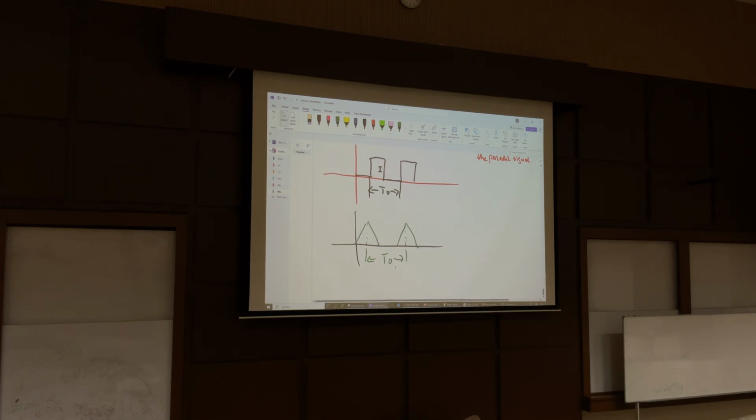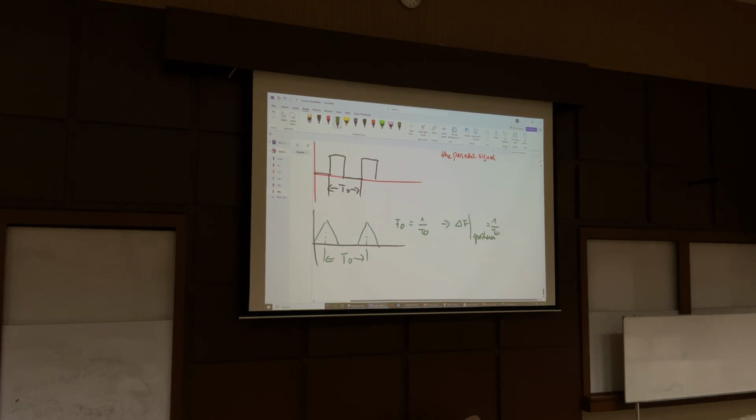So the periodicity with a frequency f0 is 1 over T0, and our delta f in the spectrum, that is 1 over T0, and that is f0.